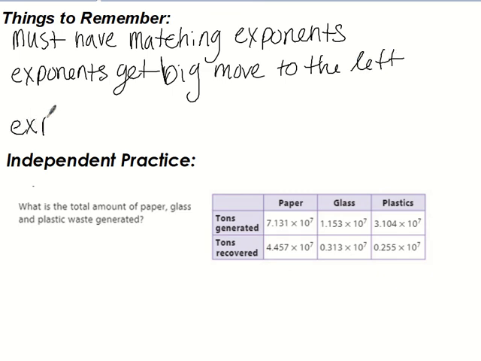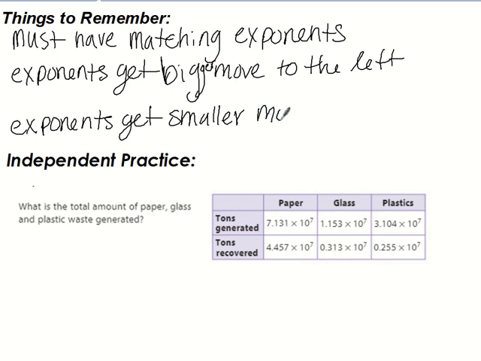Exponents get smaller, move to the right. Oh, that should say bigger, bigger. Oops. Move to the right.